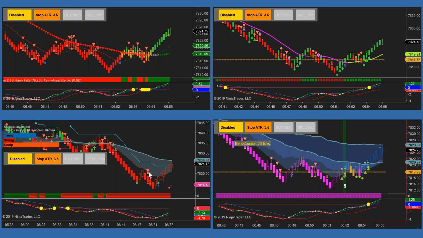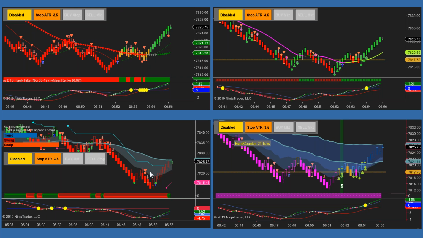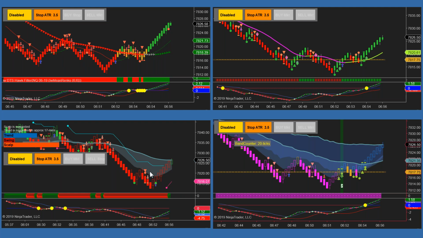I'm almost thinking that this is more of a downtrend at this point. The Falcon here already with the trend change signal.